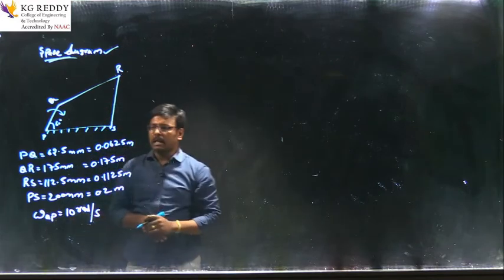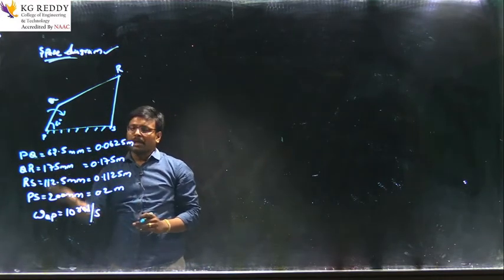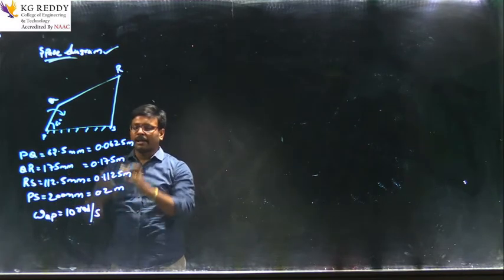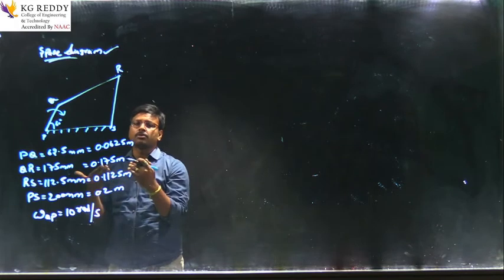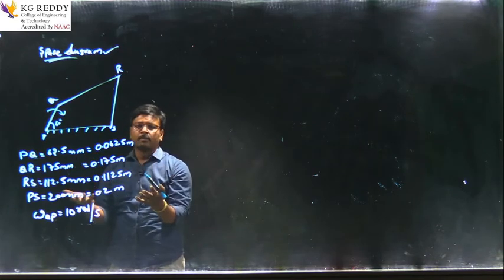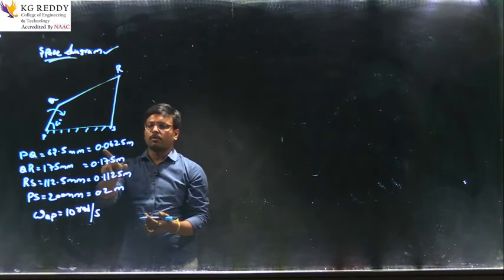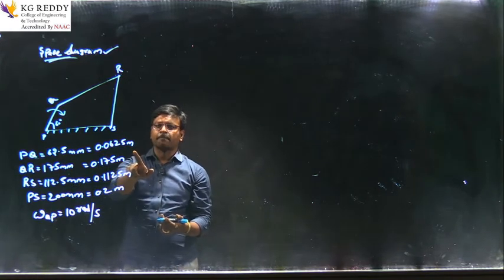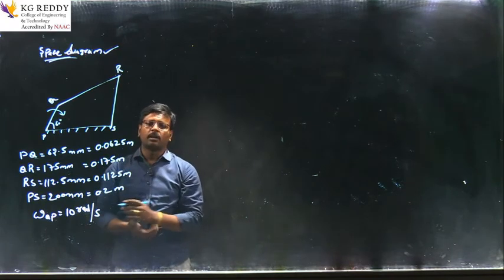As I told you in the previous diagram, we have to take a scale and convert into centimeters, whether it is 1:2 or whatever you like. If you see that, 0.625 meters is there. You can consider 0.625 meter as 6 centimeters.